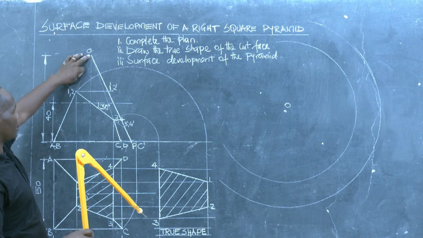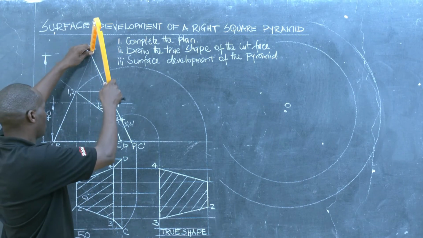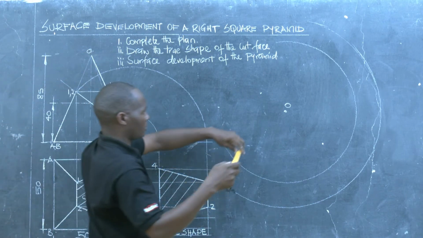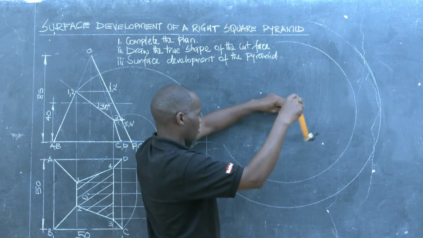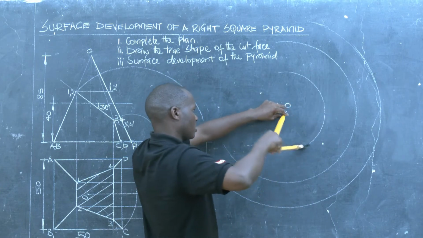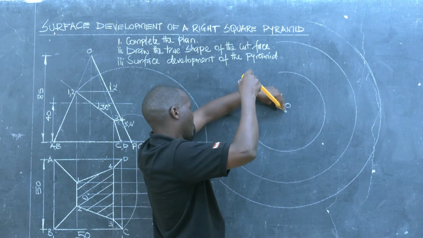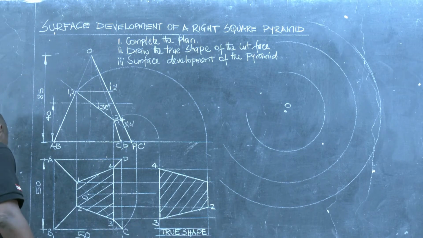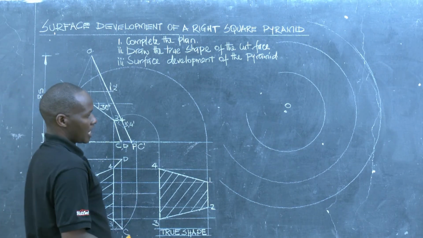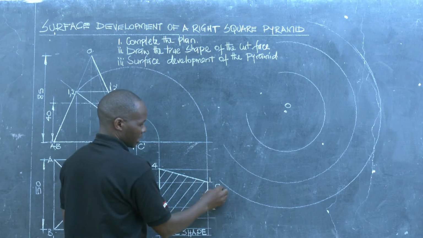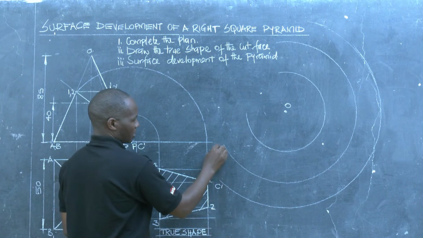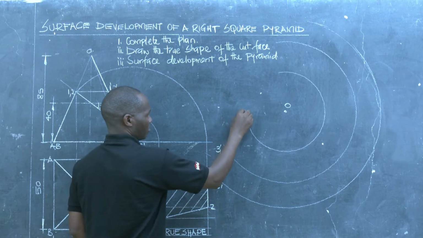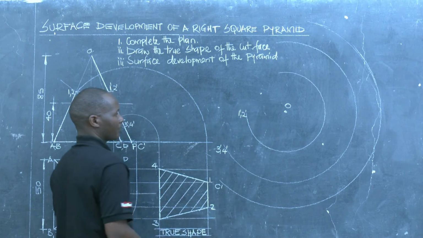Then we'll take radius O1 prime, 2 prime. Then we can label the 3 arcs for ease of follow-up. So this is arc C prime, this is arc 3 prime, 4 prime, this is arc 1 prime, 2 prime.